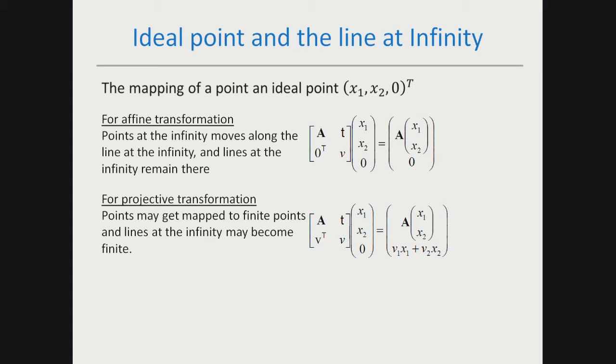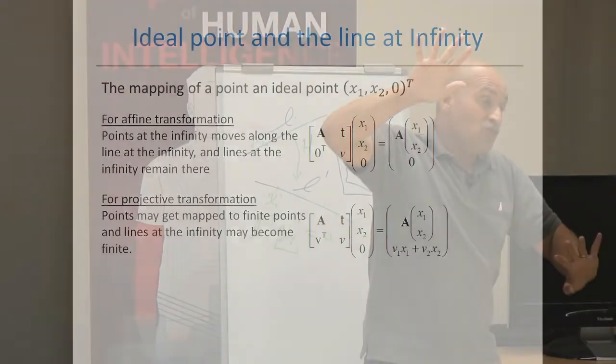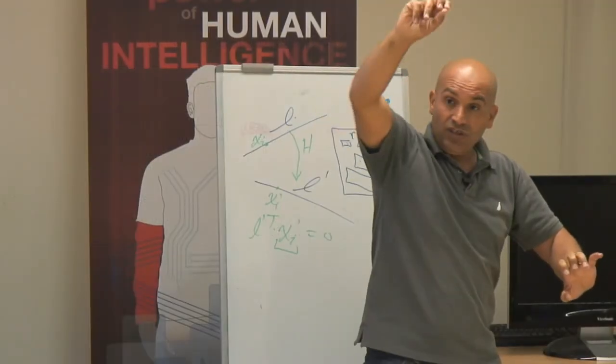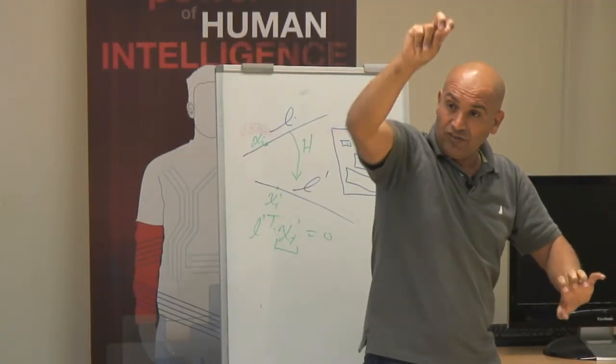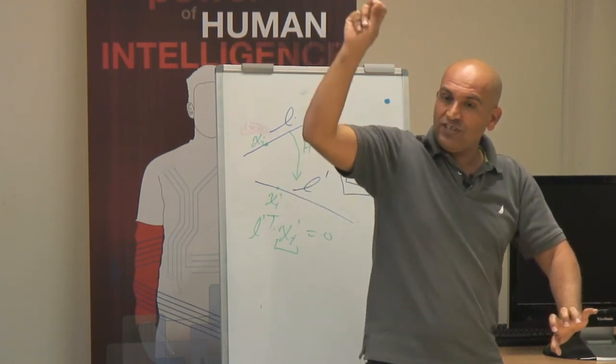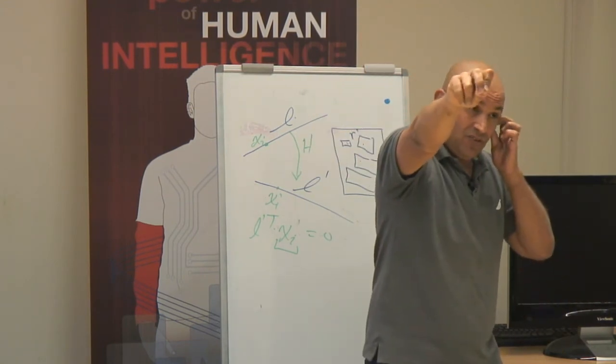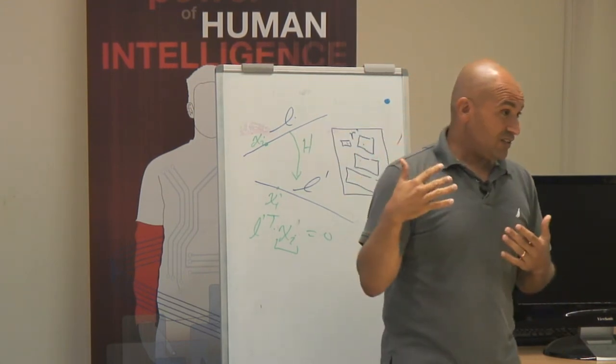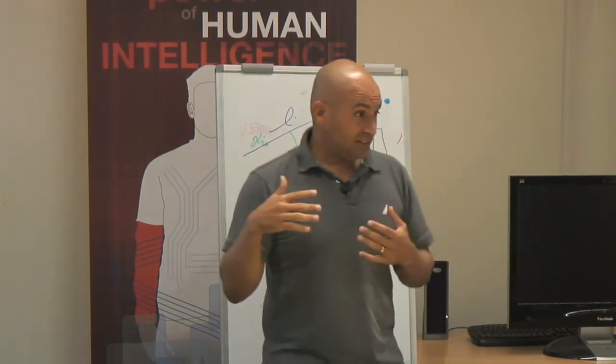If we correct or remove the perspective distortion, this point will come from infinity to some finite point, and vice versa. Is that clear?